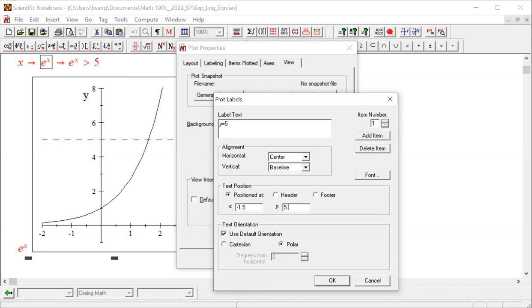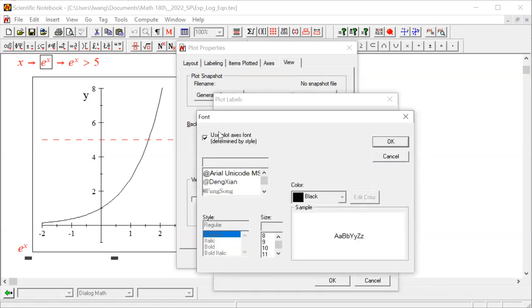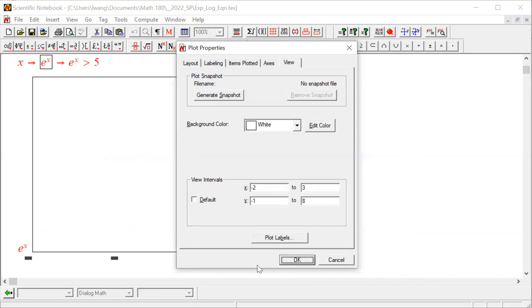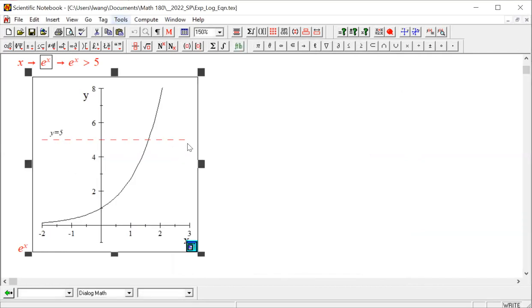Okay, for us to see y equals 5. There, so y equals 5. This horizontal line is y equals 5. So what do we want? We want the output to be larger than 5. So what are the inputs such that the output is larger than 5?